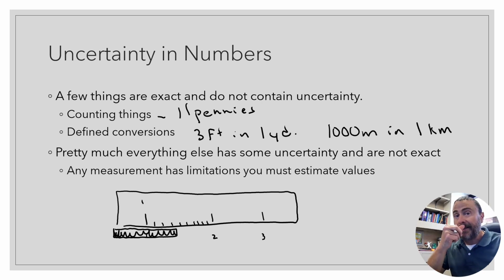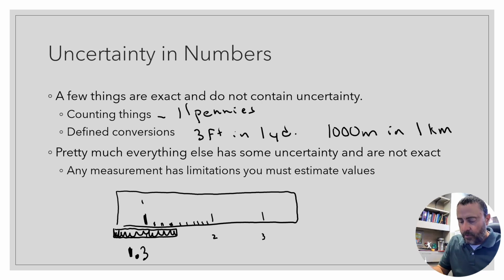What I mean by there being some sort of an uncertainty here is that this gradation here is a 1, so we know it's at least 1. Then it's going to be point, and then we count 1, 2, 3. So it's at least 1.3.